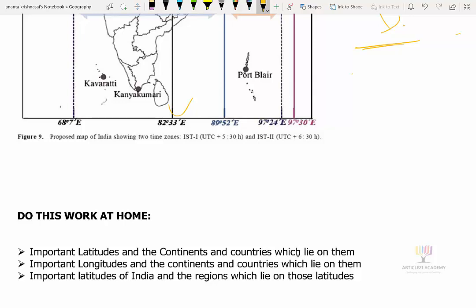And also identify some of the important latitudes within the region of India, and try to identify some of the important cities or regions or states which lie on these latitudes, along with the meridian which is 82 degrees 33 minutes east, which is the standard meridian for calculating Indian Standard Time. Do this homework, which is very important for the examination.